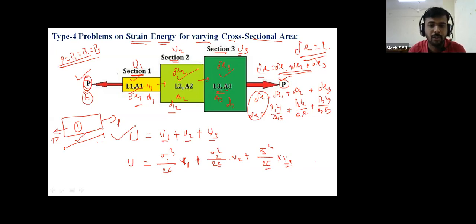So write down this particular formula in your notebook. Based on this, we have to solve the numerical.